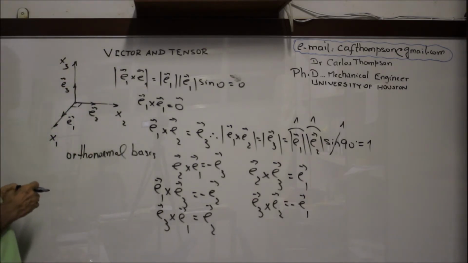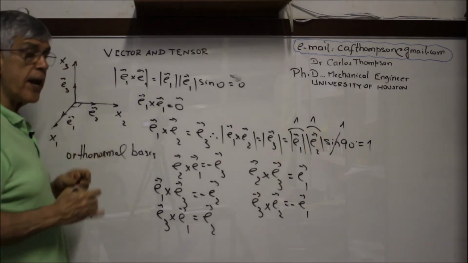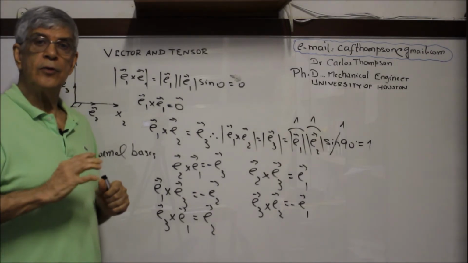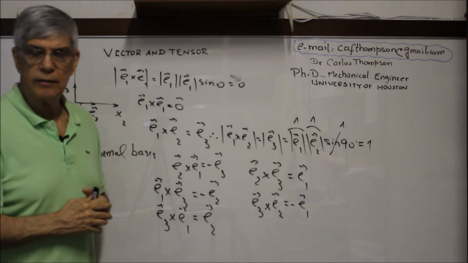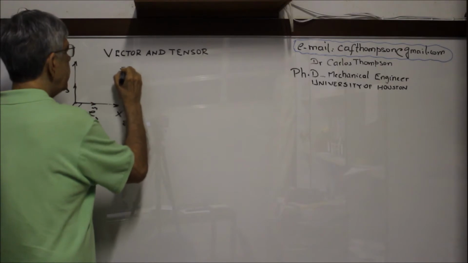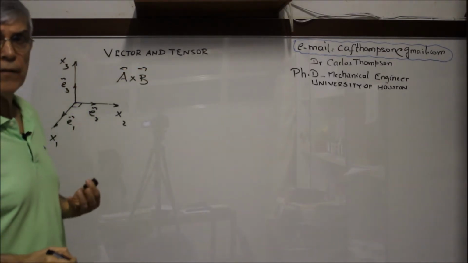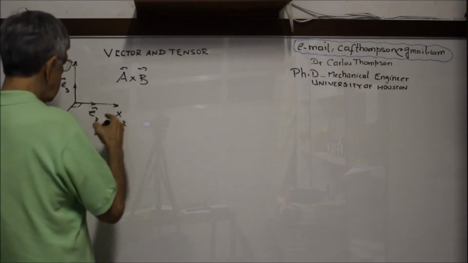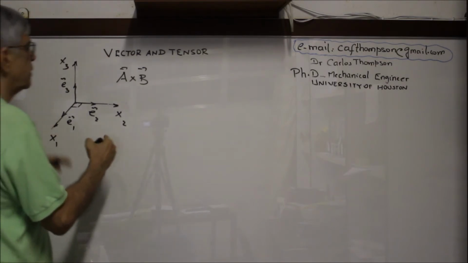because we will use the components of vectors to represent the cross product of A and B, for instance. Vector A cross vector B, the A cross B in terms of their components, in the standard basis system, in the orthonormal system.